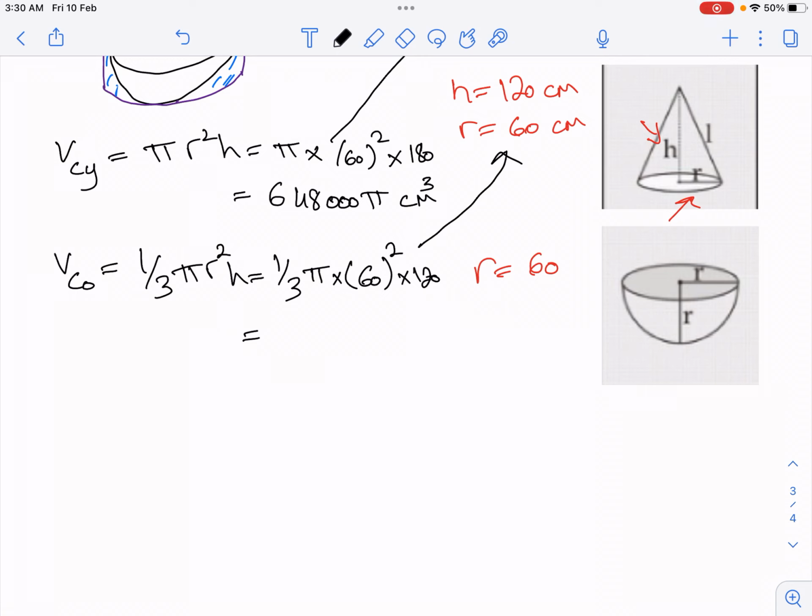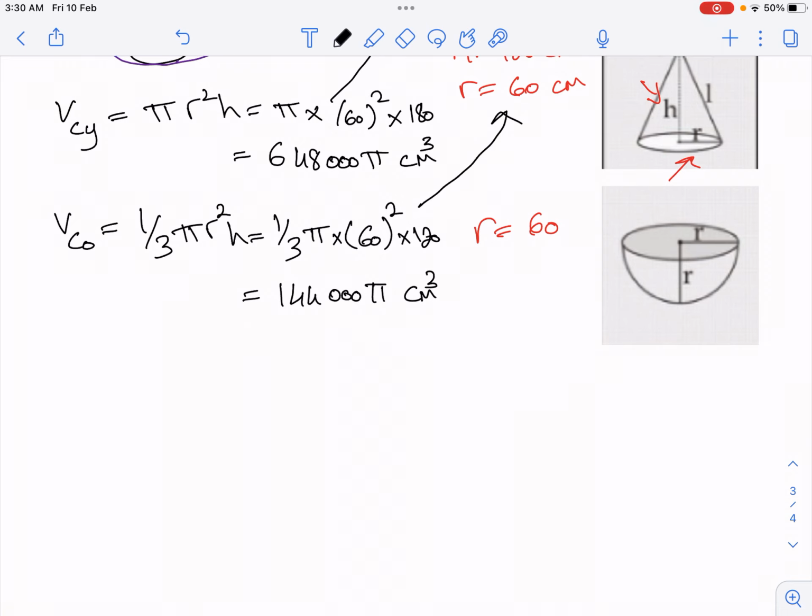So we have 60 squared multiplied by 120, divided by 3. We are going to have 144,000 pi centimeter cube.